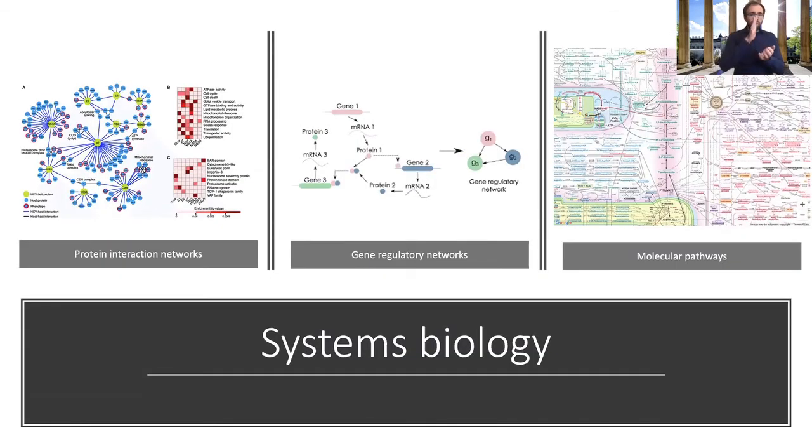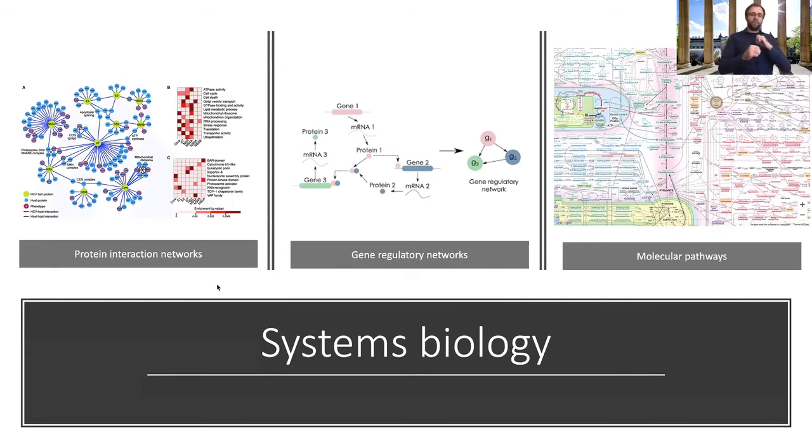Then we talked about sequence bioinformatics, structural bioinformatics. Systems biology is another important part of bioinformatics. And really, here are some examples again of what systems biology can be about. It's usually about networks and relationships between entities. So protein interaction network is an important part of systems biology.